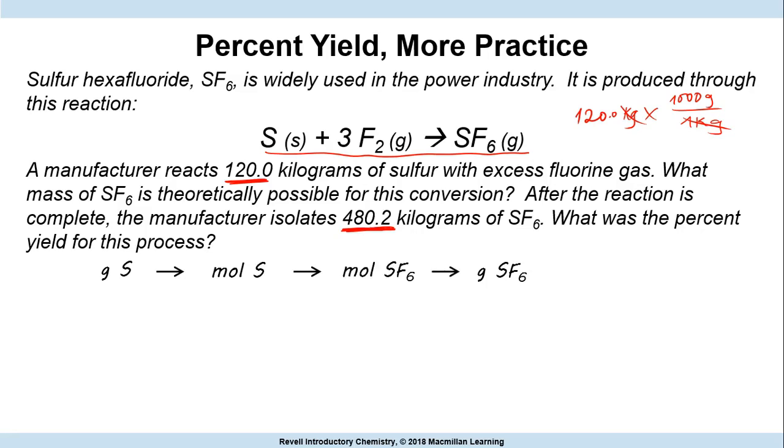So that is the procedure that we are using here. Now let's start with the 120 kilograms. We first convert it to grams, then multiply by the molar mass conversion to get the number of moles.